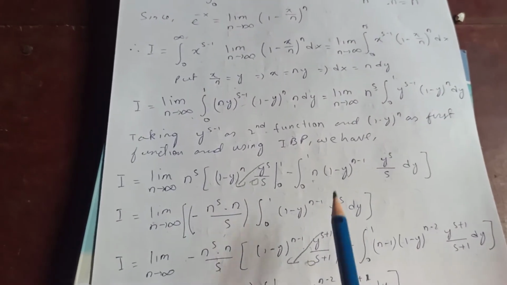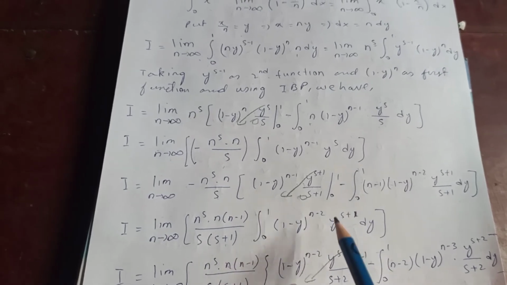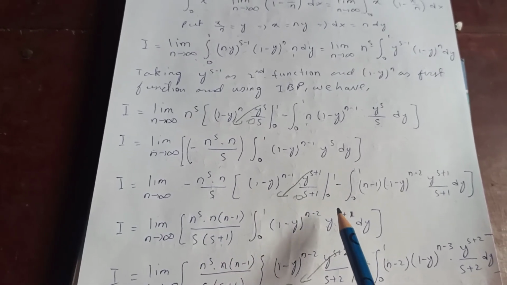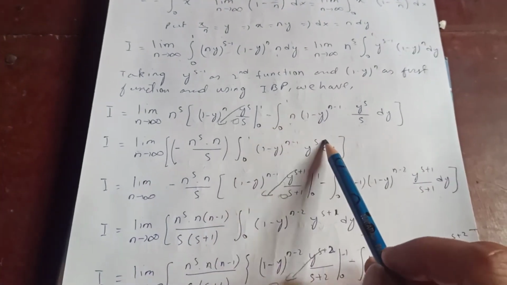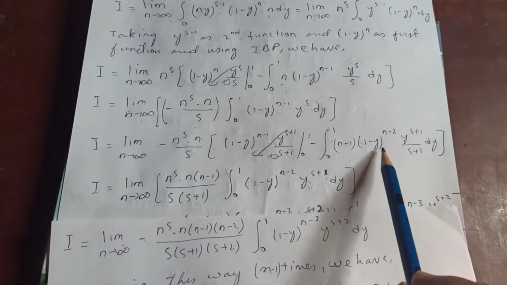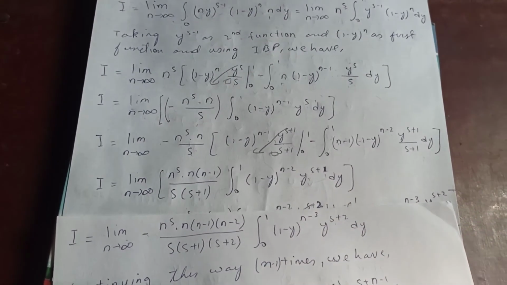Now if you do integration by parts again, it will be s plus 1, and you will get again here s plus 2, right? And the y power part is increasing.